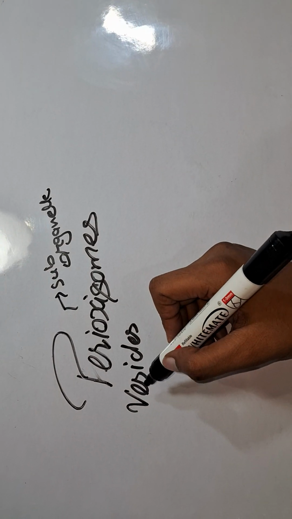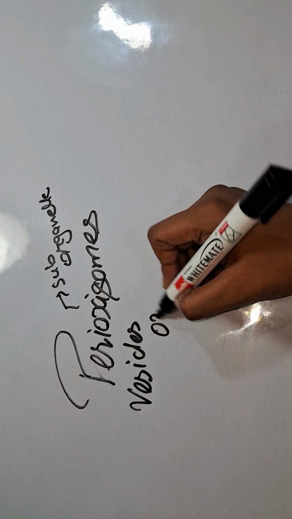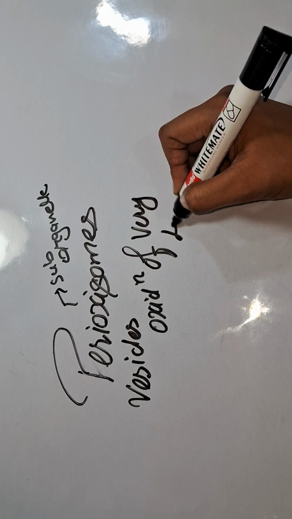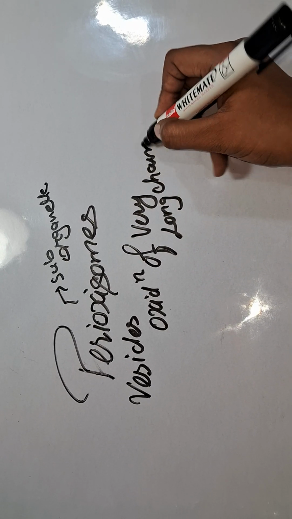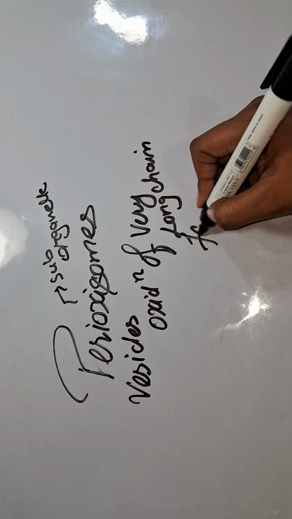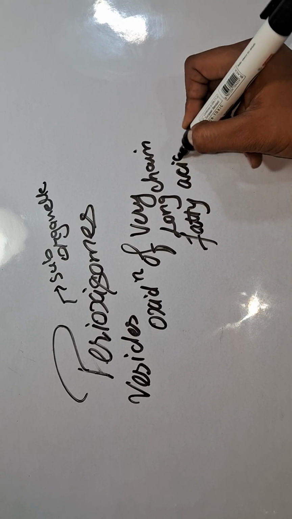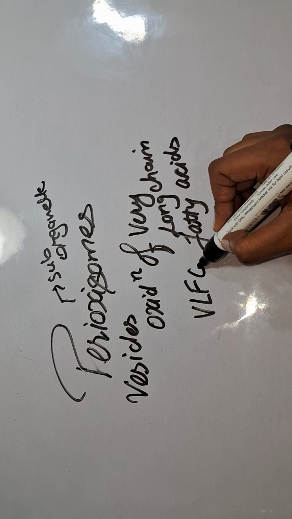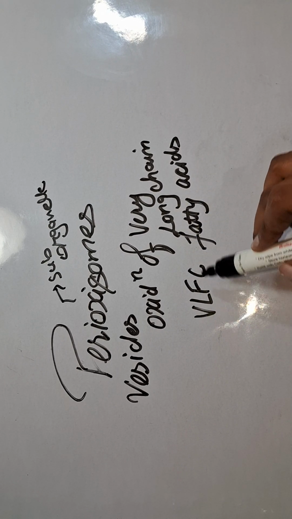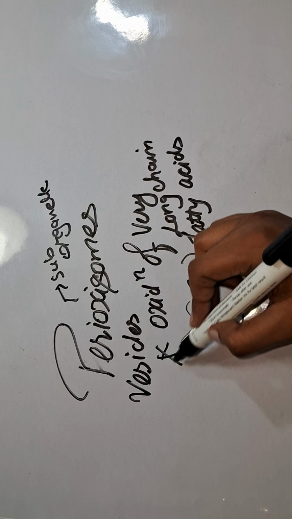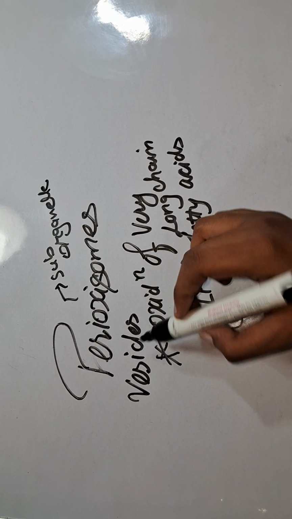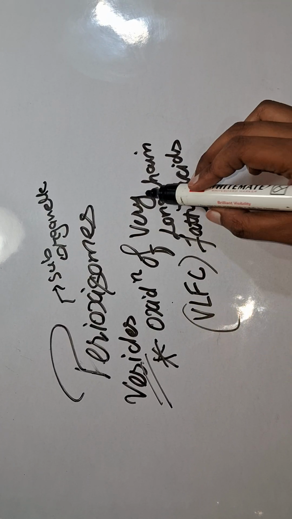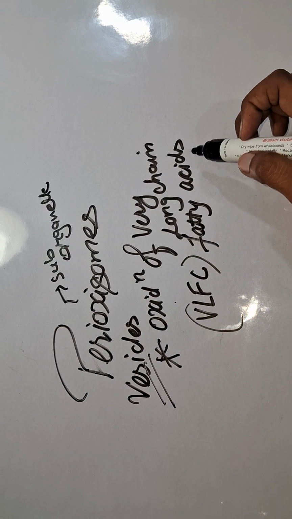They are vesicles in which the oxidation of very long chain fatty acids takes place. VLCFA, very long chain fatty acids. This is the important function of peroxisomes. They are vesicles like, and their main function is to perform the oxidation of the very long chain fatty acids.